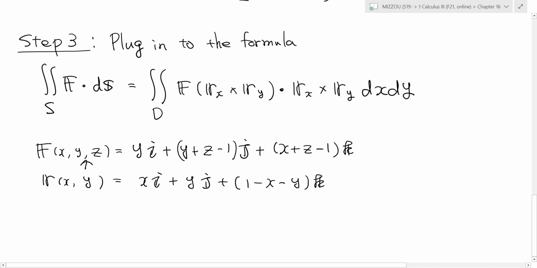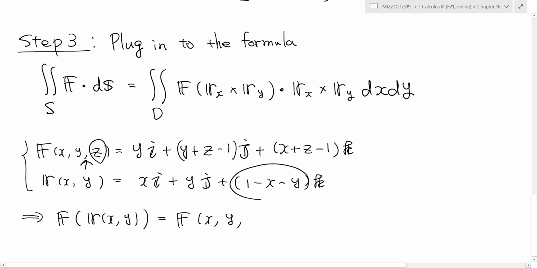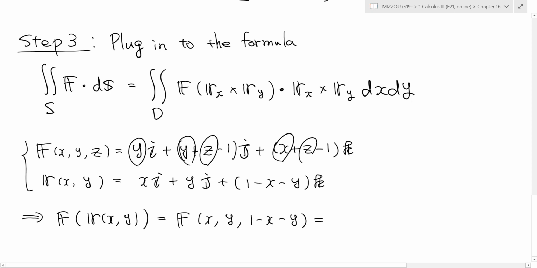That means F of r of x, y is: x is x, y is y, and z is just the z component here. In other words, you just plug those in here.